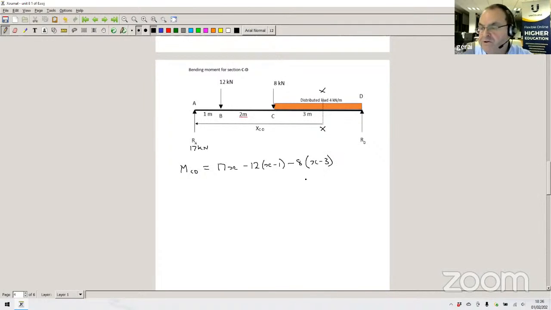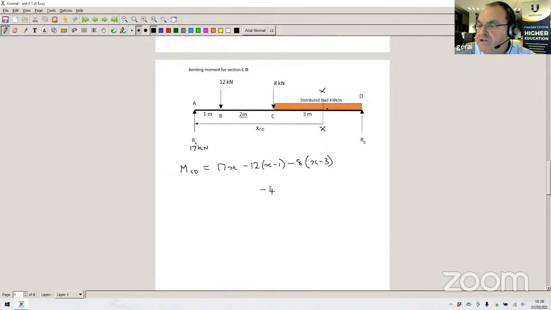Now we come to the awkward one, the distributed load. Again, we know the load, and it causes an anti-clockwise torque, so it's minus 4.